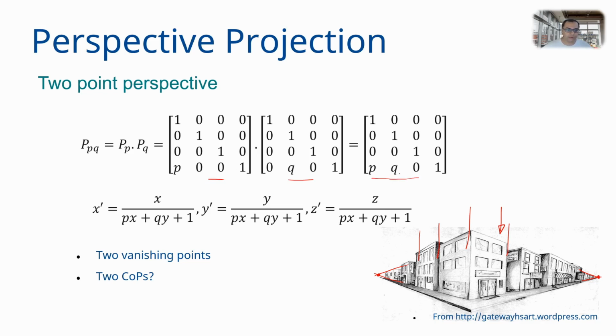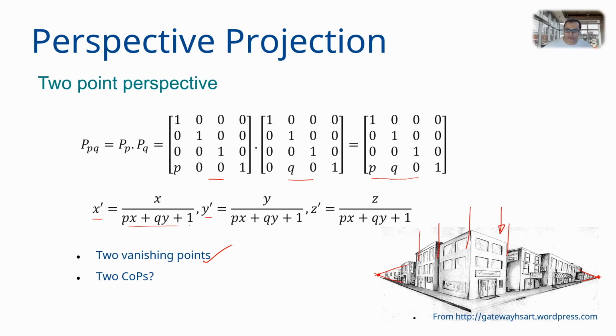So you just have P and Q here, and you can see that the image point will have the following coordinate, where in the denominator you will now get Px plus Qy plus 1 when you dehomogenize. So you will get two axial vanishing points. That is the characteristic of the two-point perspective transform.